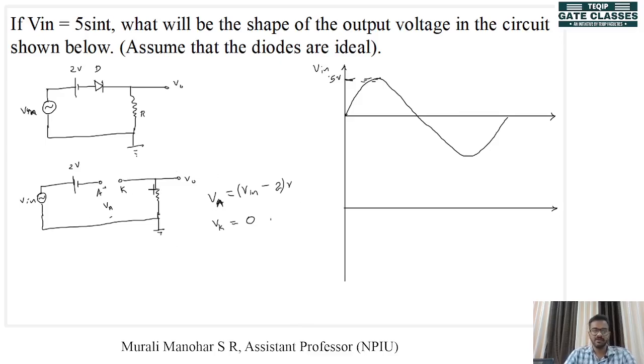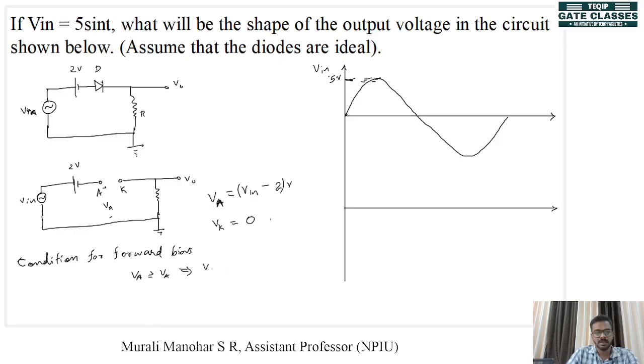From this case, we can see that Vk is already 0. Our diodes are ideal, so if Va is at least equal to Vk, that means the diode is forward biased. So we can write the condition for forward bias as Va greater than or equal to Vk.